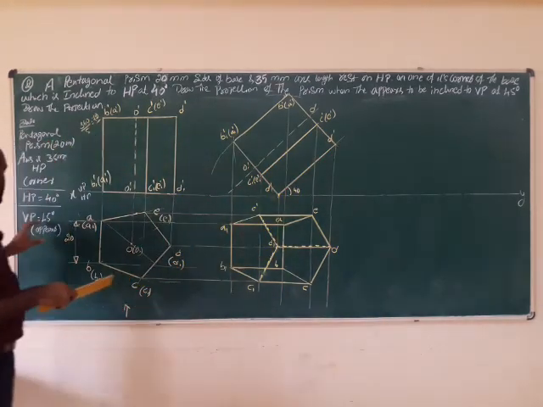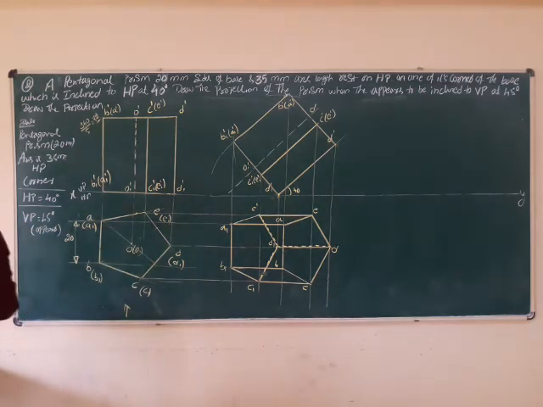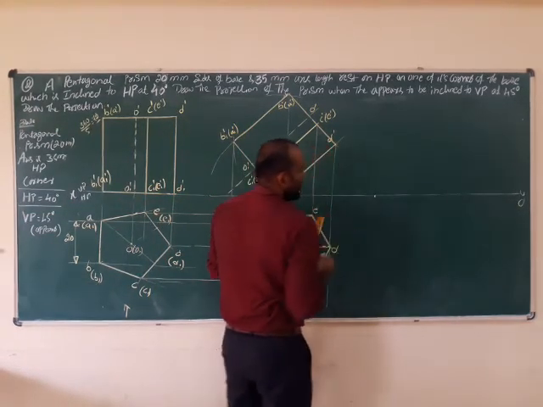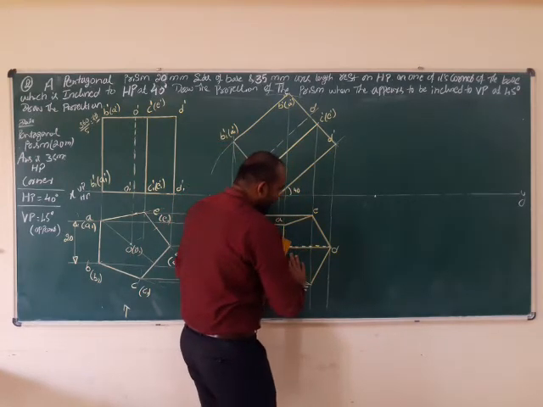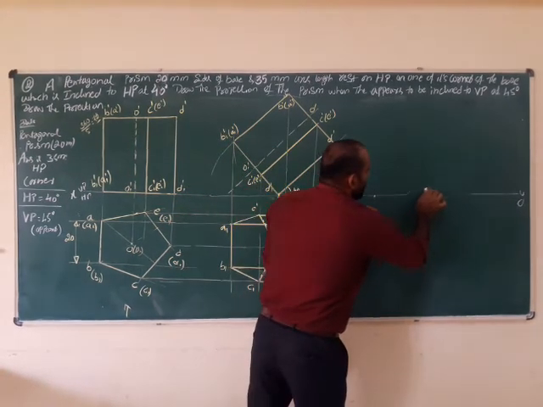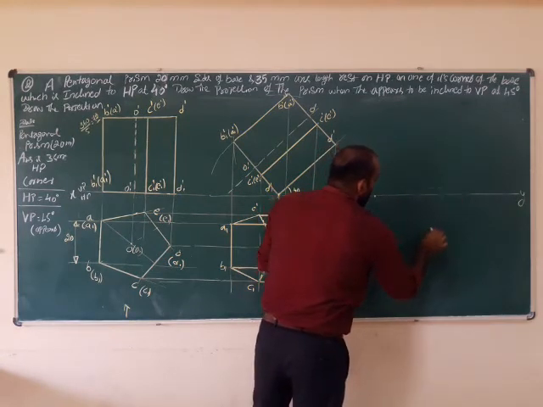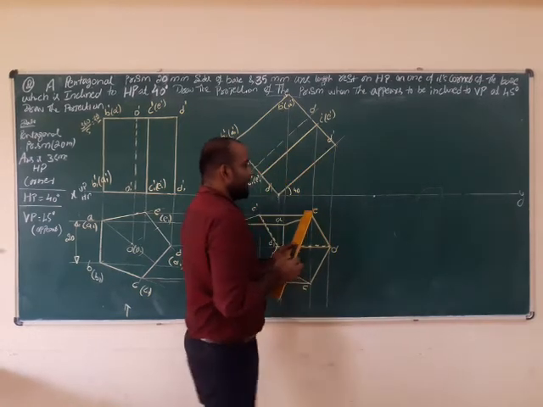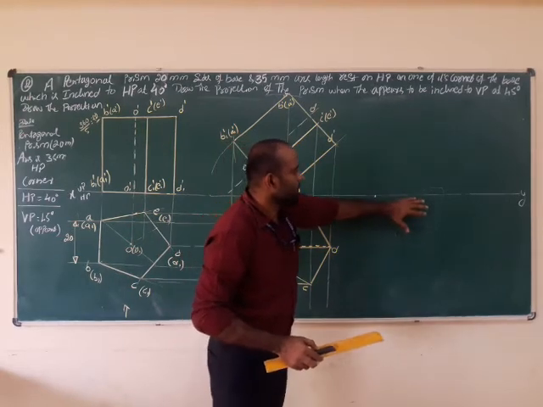Next, the third step is given. The VP angle is 45 degree. Appears method. Select any one point. If you select this point, the pentagon is to be merged. If it is right like that, the pentagon does not cross the XY line.